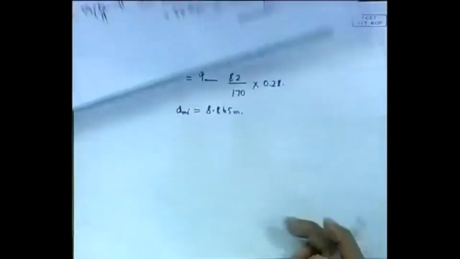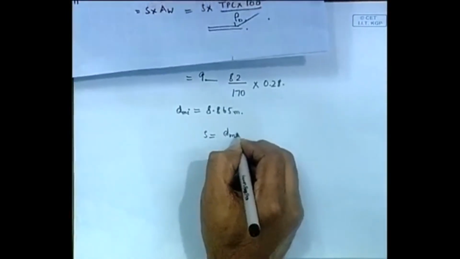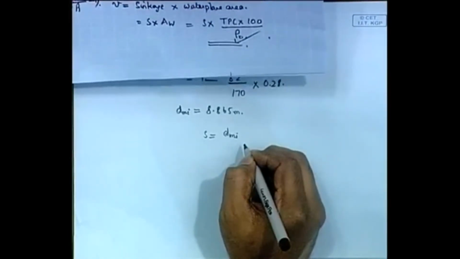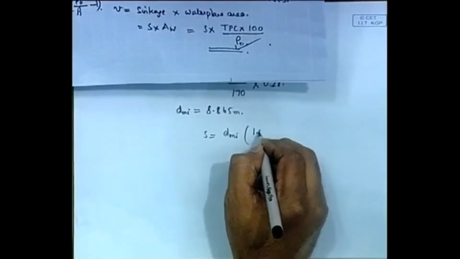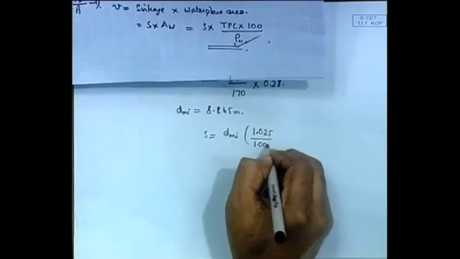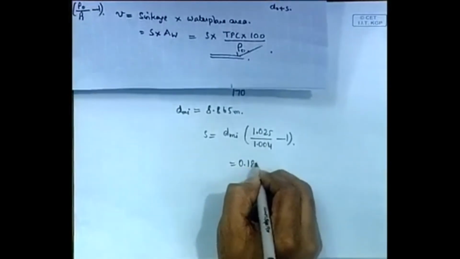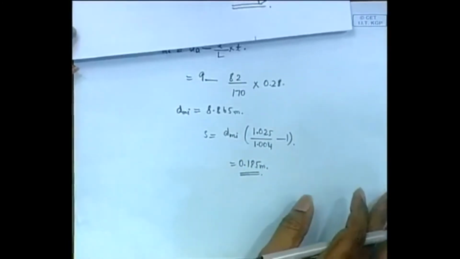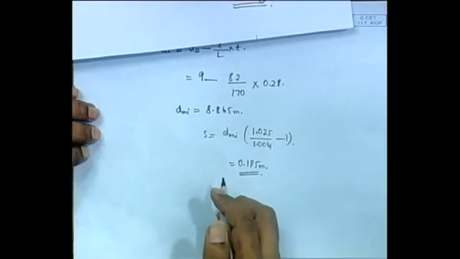Now we can directly calculate this S. So S is equal to the initial mean draft into 1.025 divided by 1.004 minus 1. Therefore, it becomes about 0.185 meters. So 18 centimeters is the distance by which your ship will sink. The mean draft will sink because of this change in density. That is the first thing.